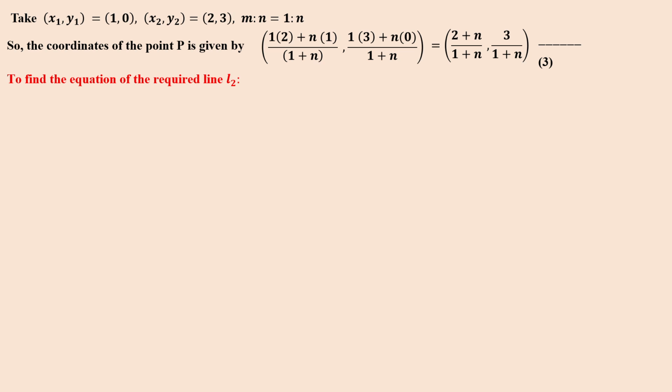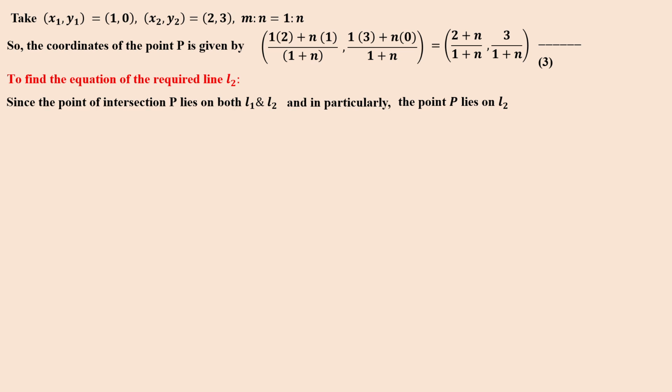Now to find the equation of the line L2, which is the required line. Since the point of intersection P lies on both L1 and L2, P lies on L2. From 3, the coordinates of P are ((2 plus n) by (1 plus n), 3 by (1 plus n)).